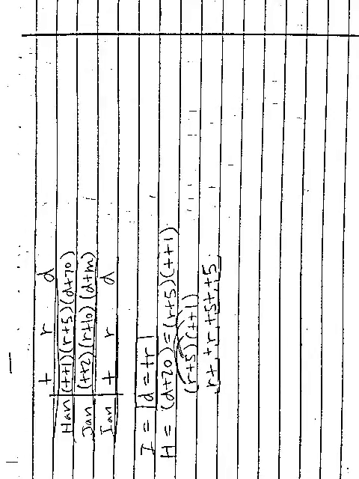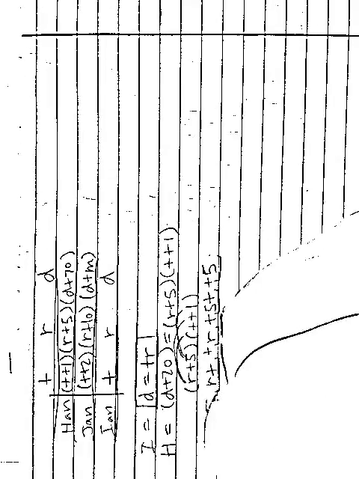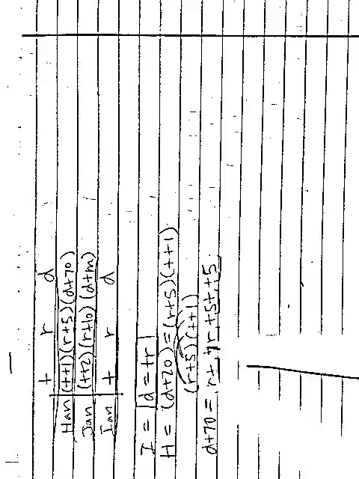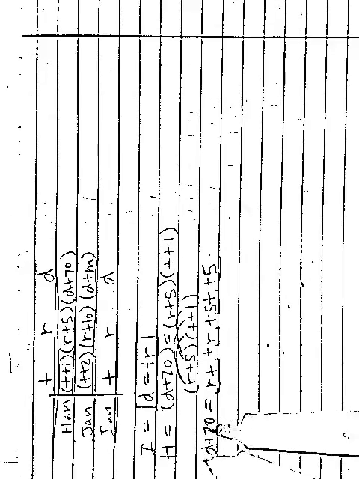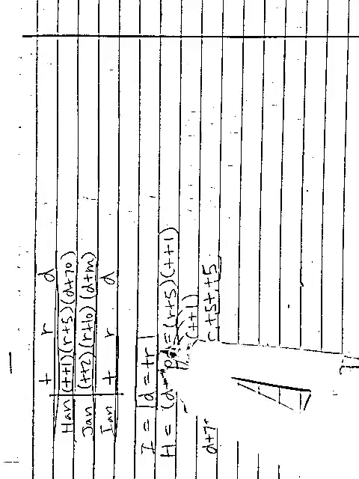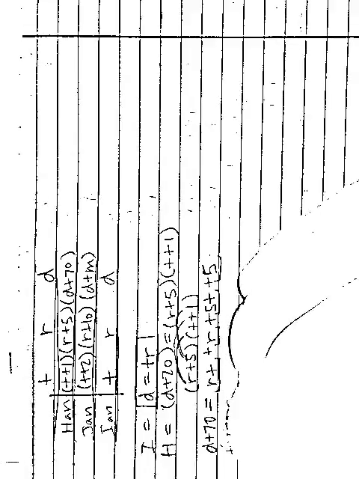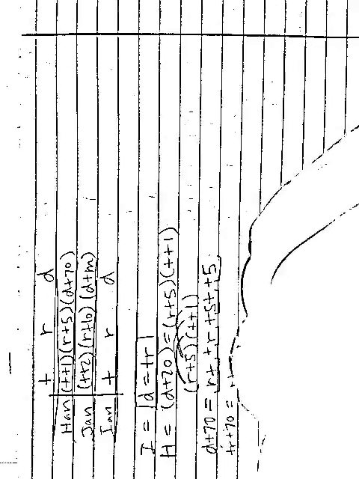I hope that's easier to see. All I did was multiply these together to get this. And we know that D equals TR, like here. So I can substitute this D for TR. So TR plus 70 equals RT plus R plus 5T plus 5.